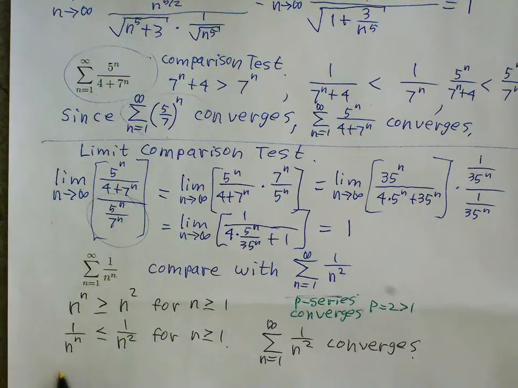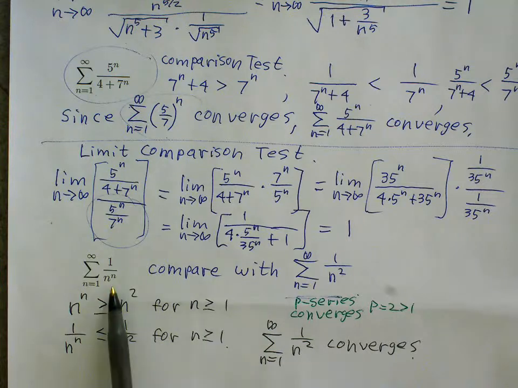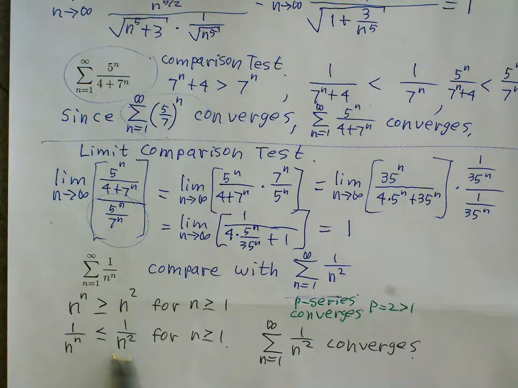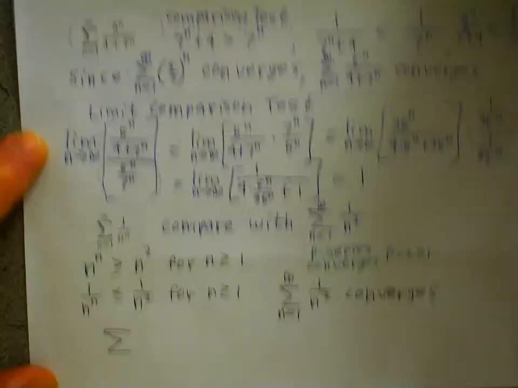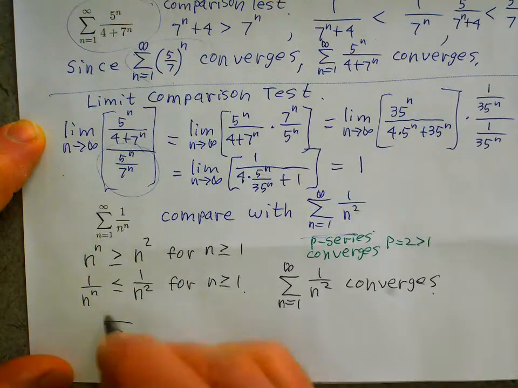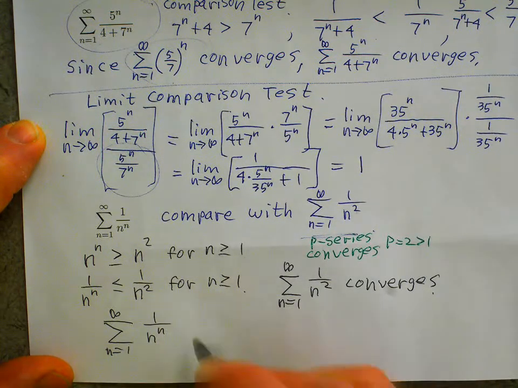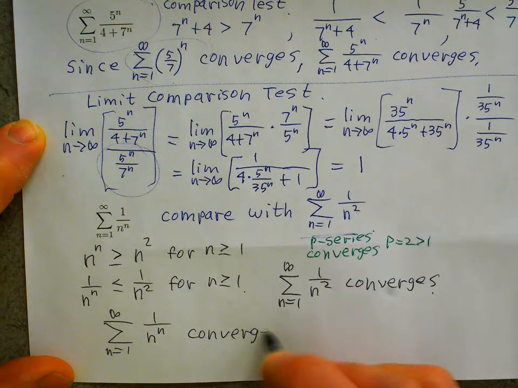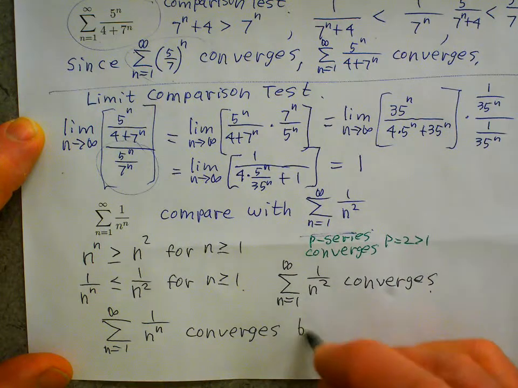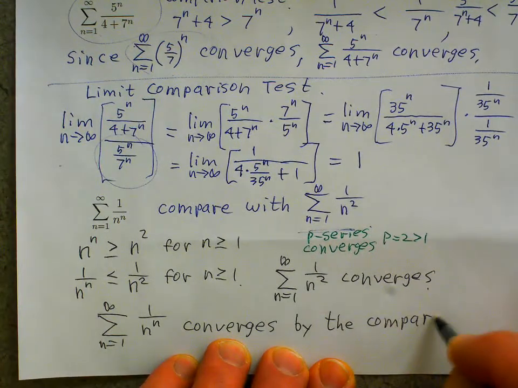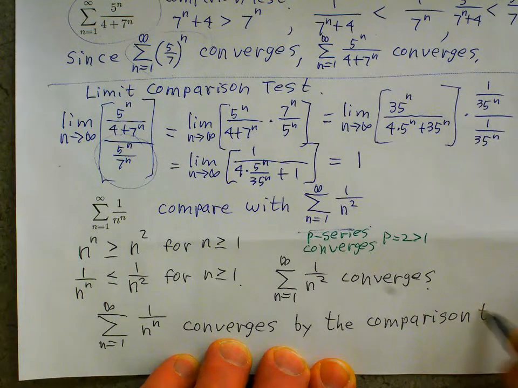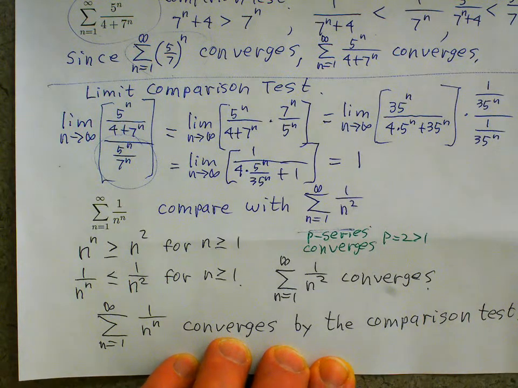And since the terms from the given series are less than or equal to the terms from this convergent series, by the comparison test, this series also converges. Okay, that's all there is to that.